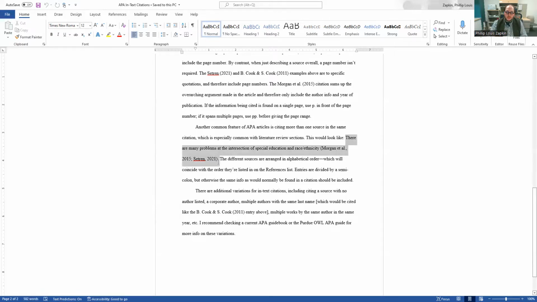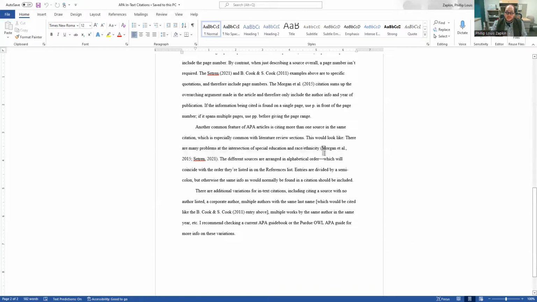So, for instance, there are many problems at the intersection of special education and race or ethnicity. And then in the parenthetical citation, I've got Morgan et al., comma, 2015, semicolon, Citron, comma, 2021, close parentheses. So there we've got two sources that address the same broad topic, and so I'm citing both of them in the same place.